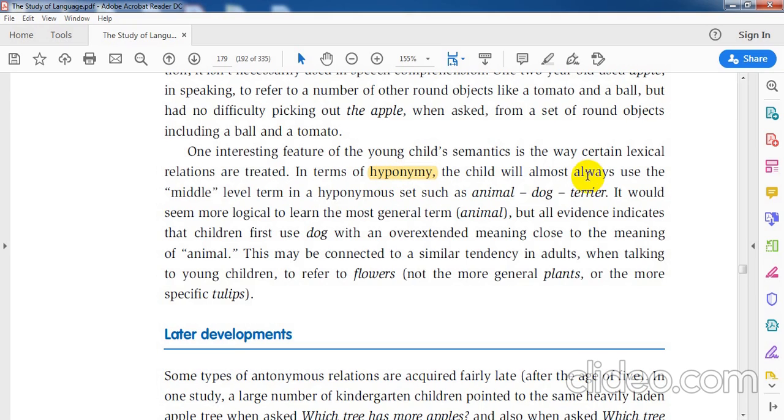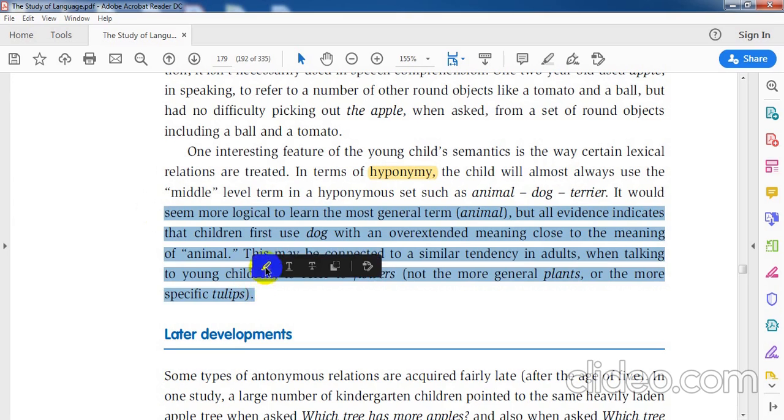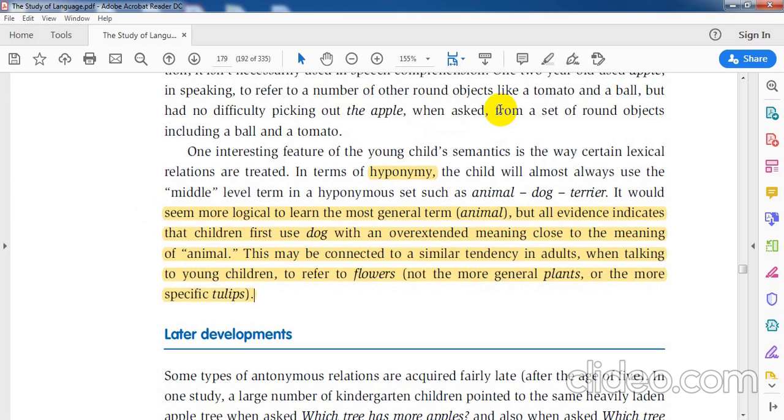Let's see here. Now it would seem more logical to learn the general term of animal, but all evidence indicates that children first use dog with an overextended meaning close to the meaning of animal. This is the hyponymy: the child uses dog to refer to all types of animals, which is an included meaning to refer to one thing, as the definition says.